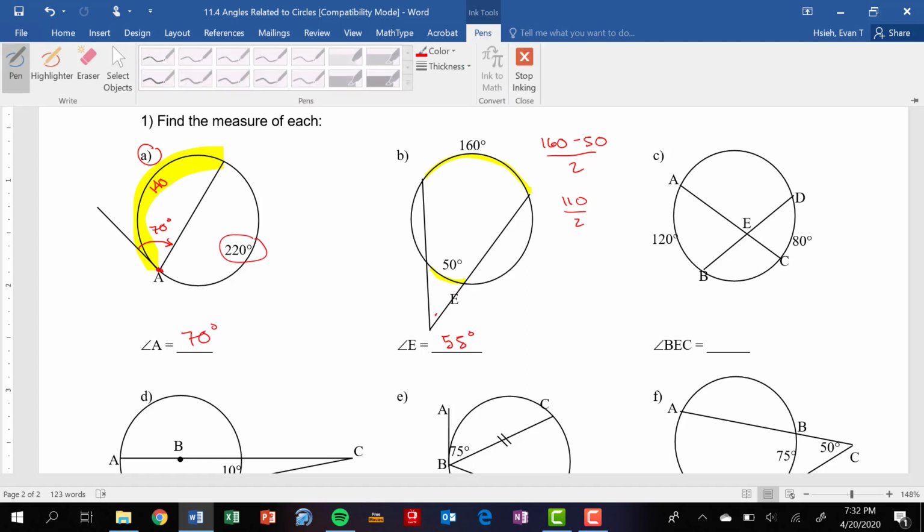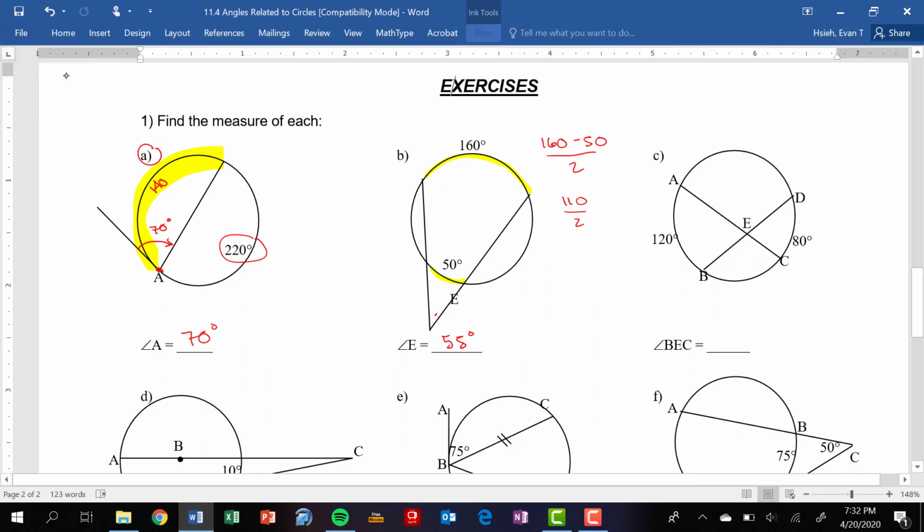The next one here is going to be the vertex we're looking for. It's actually this one, but I know I can find this one right here first. Oh, looks like a little smiley face there. I know that these are the intercepted arcs for the 2 dotted angles here and here.